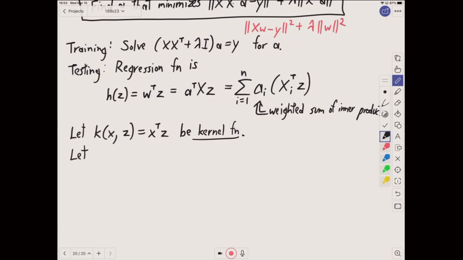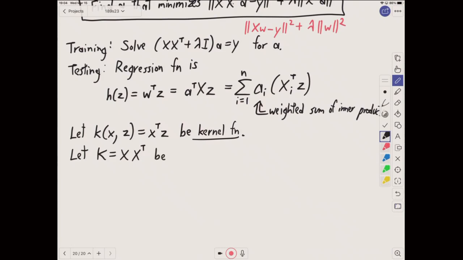Once you've defined a kernel function, then we're going to define a kernel matrix that involves all pairs of training points run through the kernel function. So one way to write it is, given a design matrix X, the kernel matrix is X times X transpose.